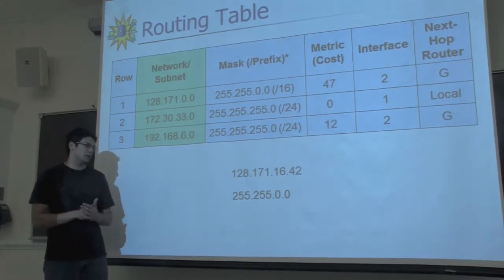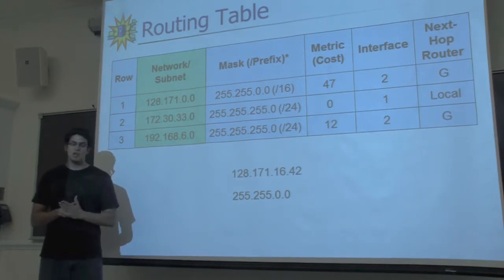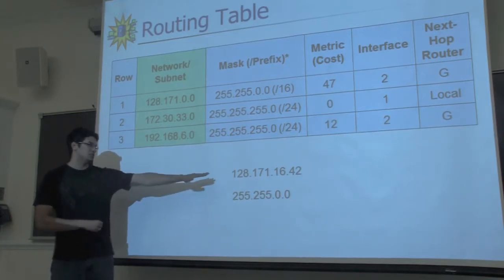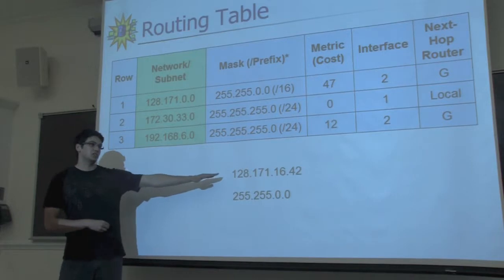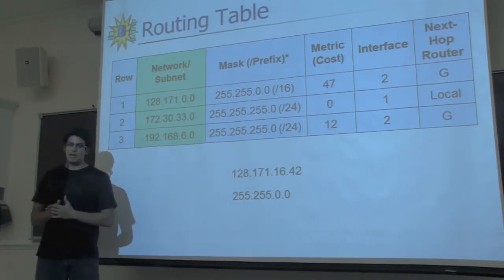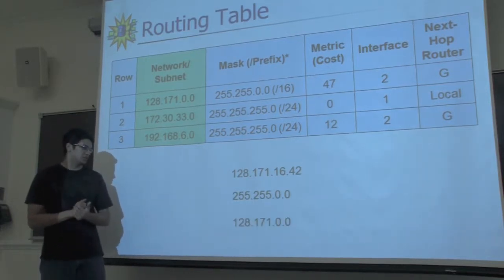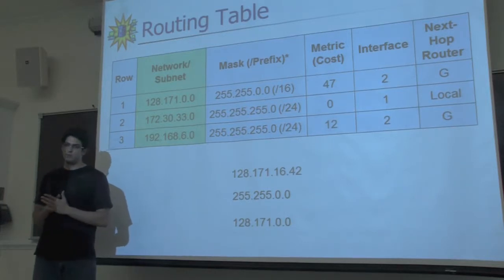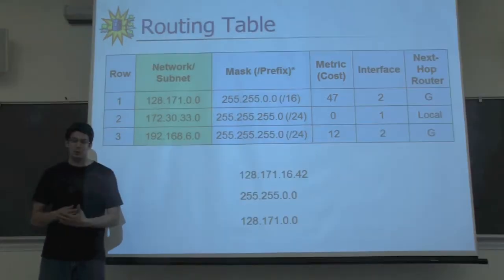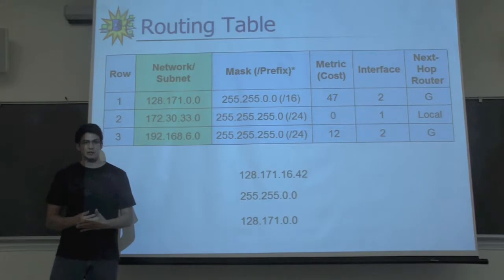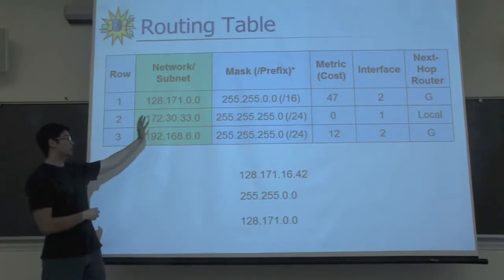However, since the last 2 bytes of the subnet mask are zeros, we are going to turn the last 2 bytes of the destination address to zeros. The result that we have is the final destination address of 128.171.0.0.